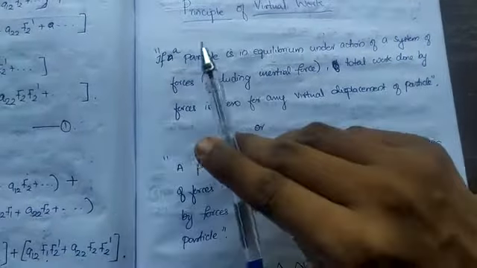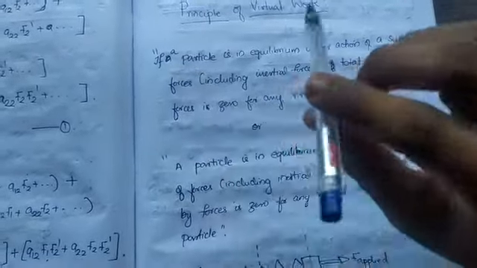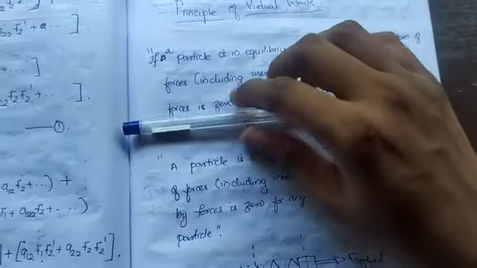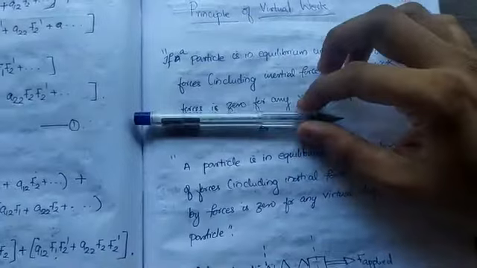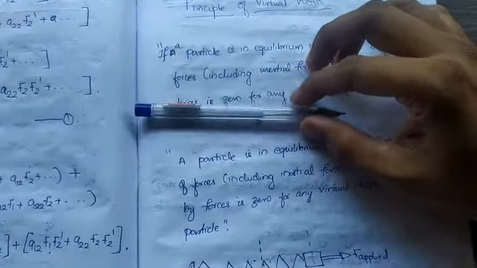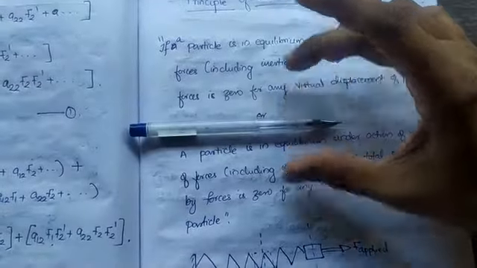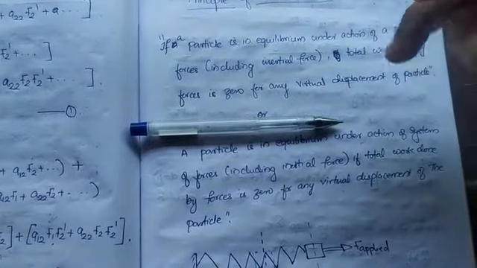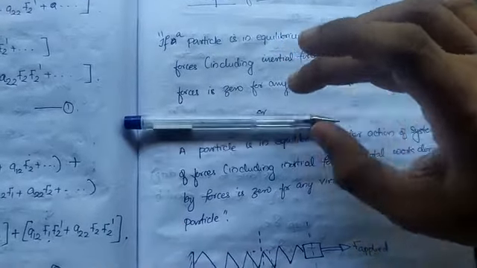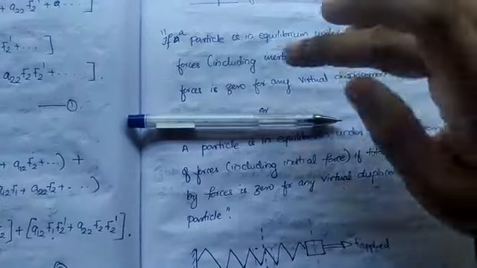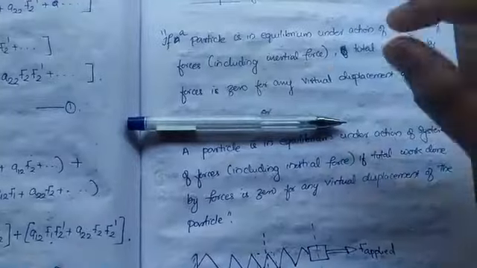Okay, so the statement tells that if a particle is in equilibrium, say this particle is in equilibrium and many forces are acting on it, the total work done by the forces is 0. Since it is in equilibrium, the total work done by these forces is zero for any virtual displacement of the particle.